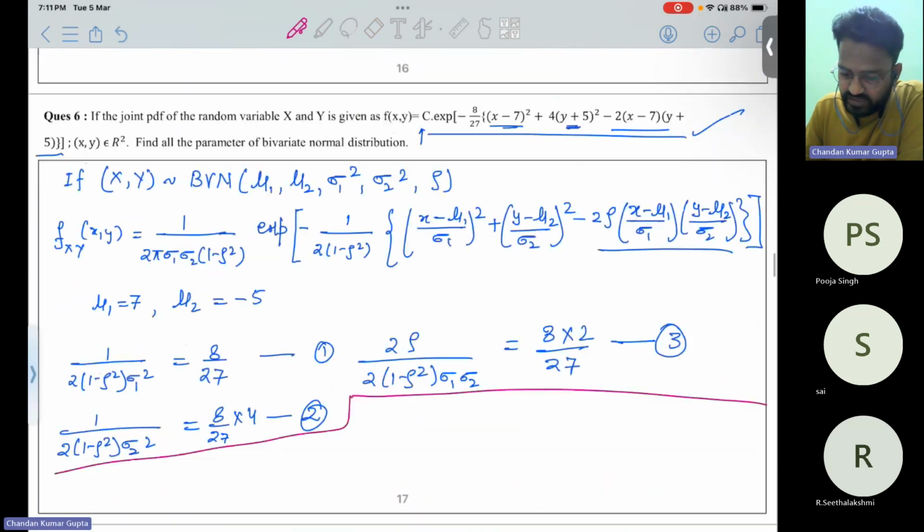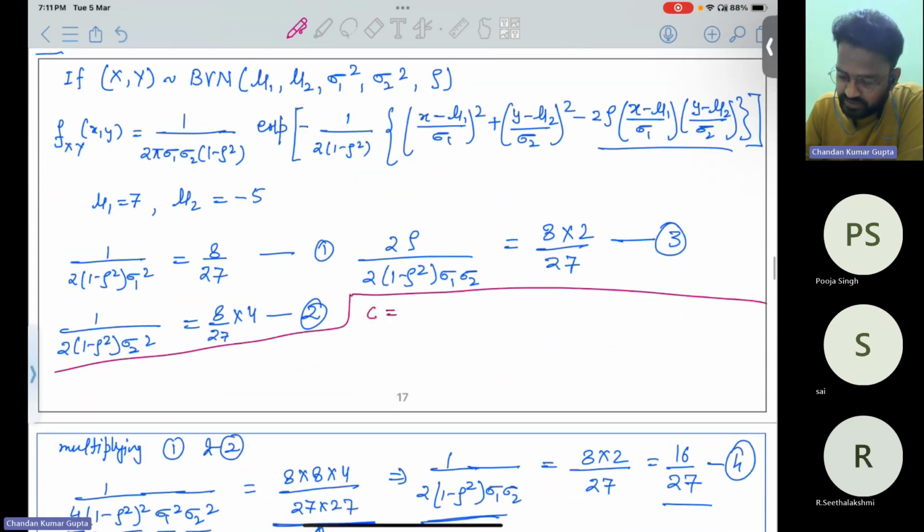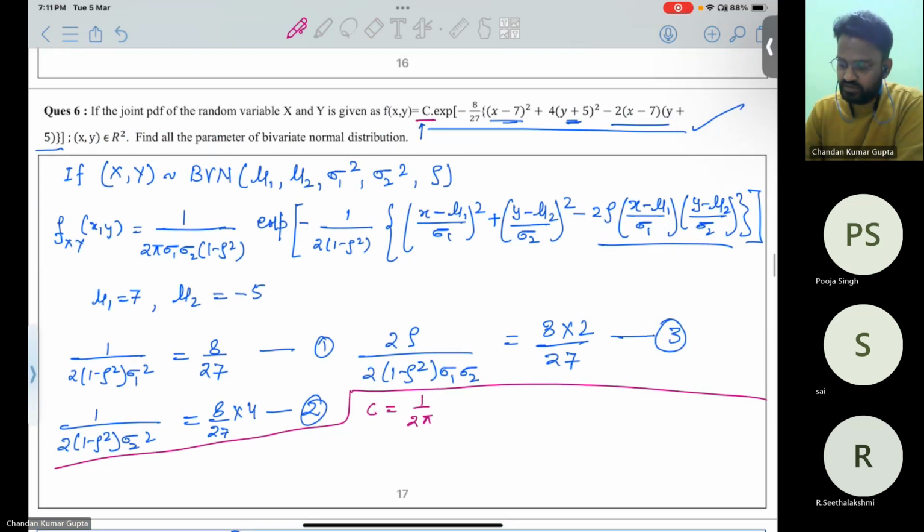So from here, we will compare C, and C comes out to be 1 upon 2 pi, sigma 1, sigma 2, under root of 1 minus rho square. We have all values: sigma 1, sigma 2, rho square.